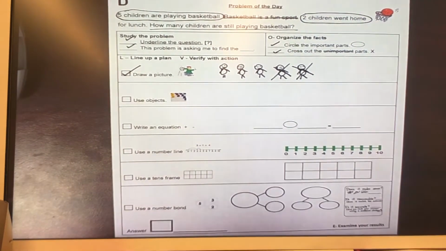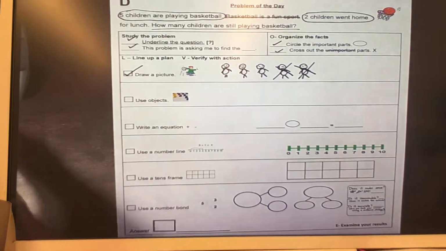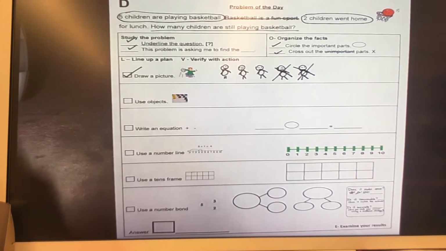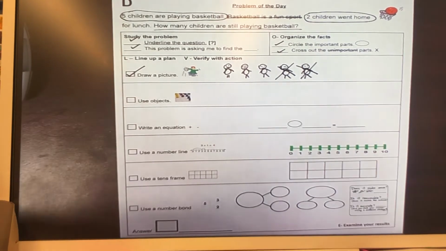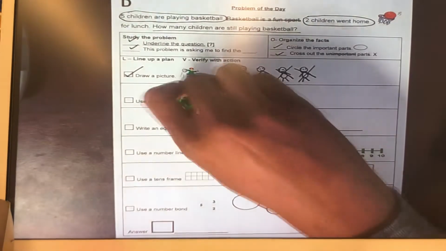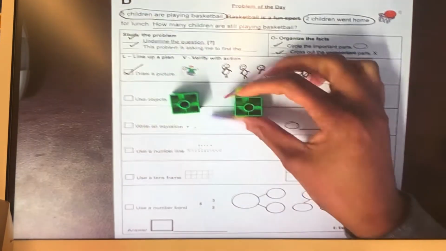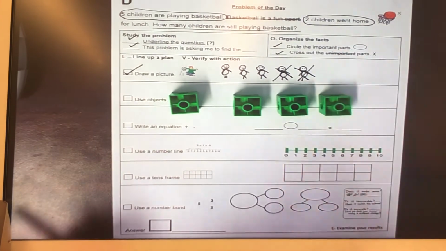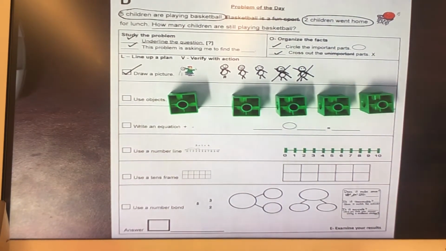Now let's use our objects. So we're going to use our cubes or any other objects that you find around the house. And we know that there were 5 children. So here we go. 1, 2, 3, 4, 5. 5 children.